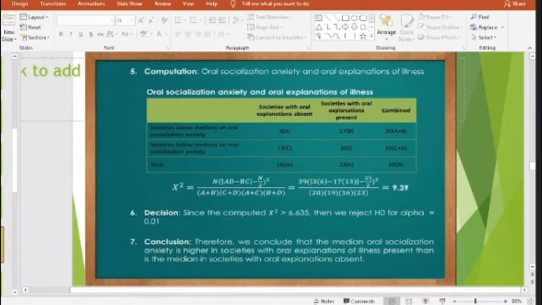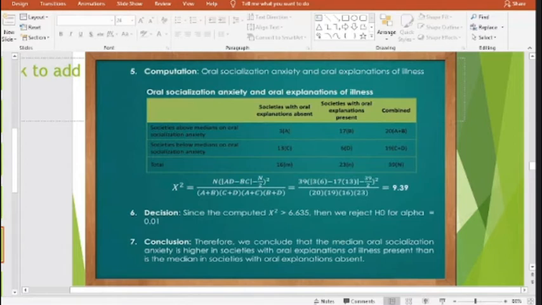For societies below the median on oral socialization anxiety, 13 for absent and 6 for present. So the total for the societies with oral explanations absent is 16 and for those present is 23.